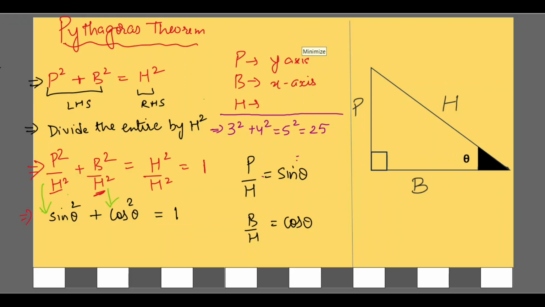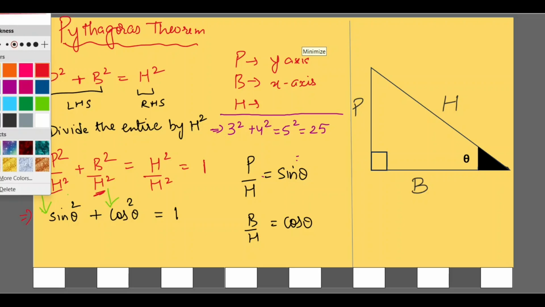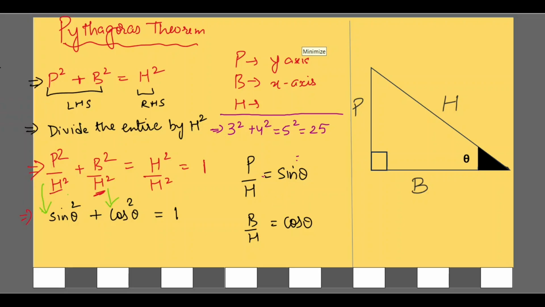And always remember this, whenever you write sine theta, it will always be perpendicular by hypotenuse. The perpendicular is the side opposite to the angle, and cos theta is base upon hypotenuse.